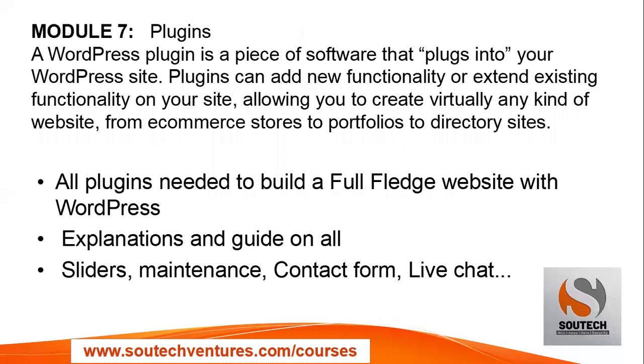Then in module 7, we're going to be looking at plugins. What's the role of a plugin in a WordPress website? It's that piece of software that extends the functionality of a website. WordPress as it is will not be able to do much, just like Bootstrap on its own cannot do so much.